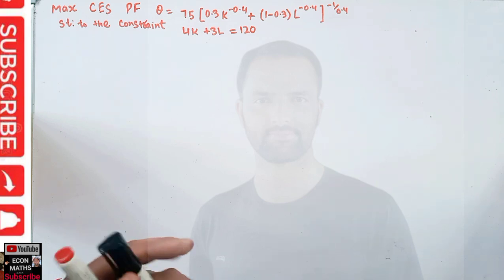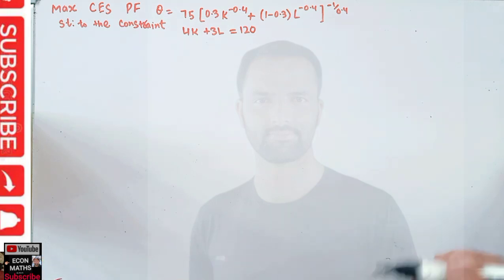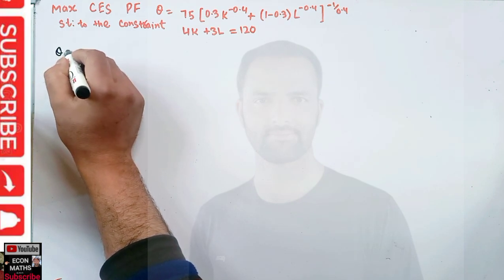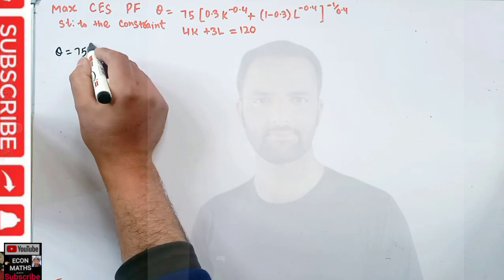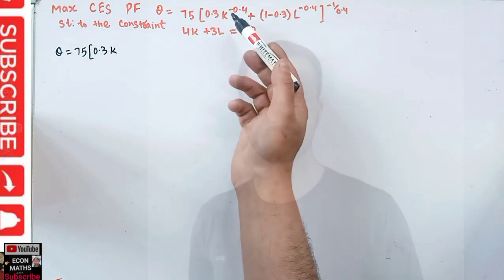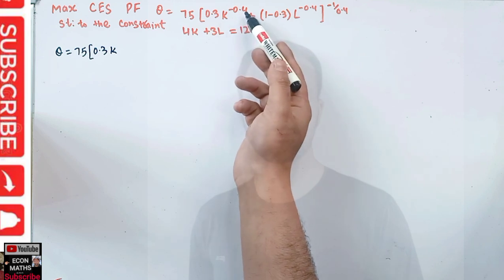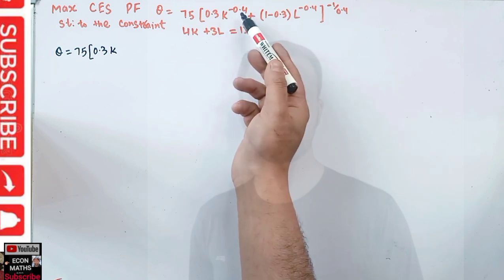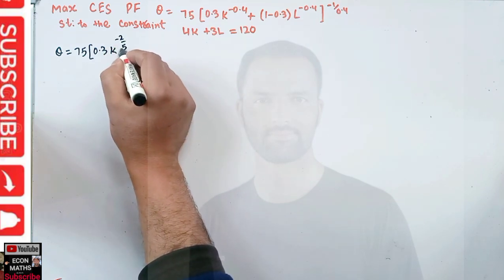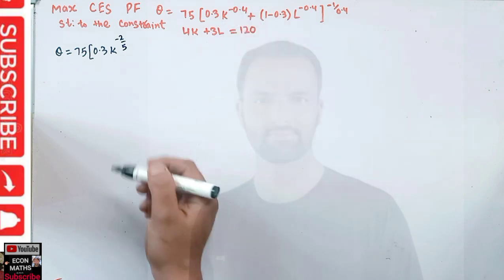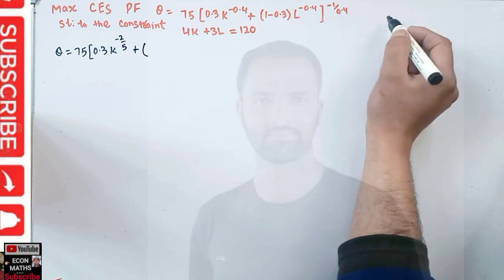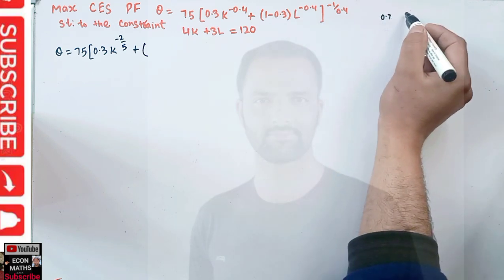How do we do that? It is very simple. First we write our CES production function, that is Q is equal to 75 bracket 0.3 K to the power. To save space I will write them in fractions. So this 0.4 will come out to be minus 2 upon 5. Similarly, 1 minus 0.3 will come out to be 0.7, which can be written as 7 upon 10.